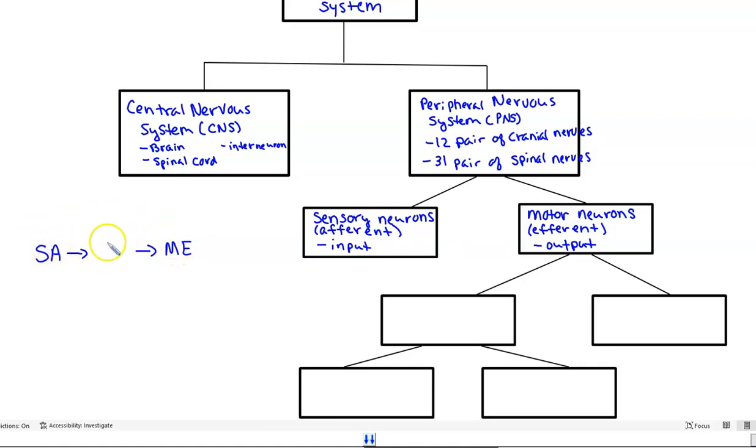It's going into your central nervous system, your brain and spinal cord. So sensory comes in, motor comes out. Motor is efferent. Sensory is afferent, going into your central nervous system, and then coming out will be your motor neurons, and those are efferent. It's a very good way to learn that.